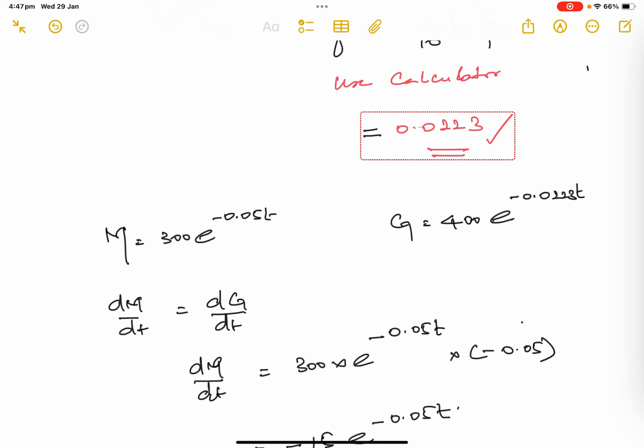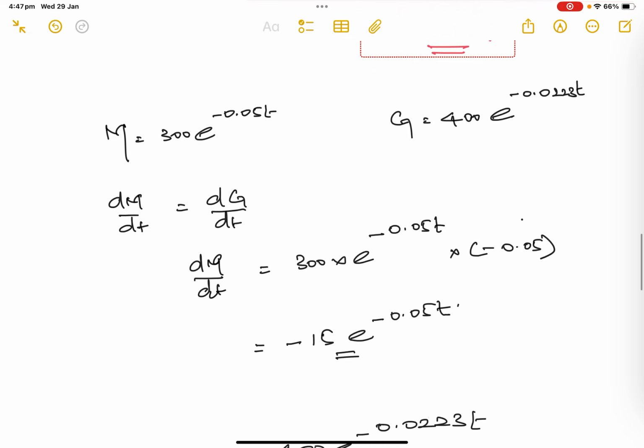Right, now we have a full equation. The M is already given: M equals 300 e to the power of minus 0.05t. And G is the one we took and then found the values: G is 400 times e to the power of minus 0.0223t. So we have two equations.